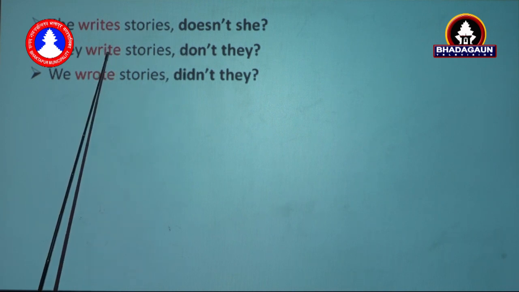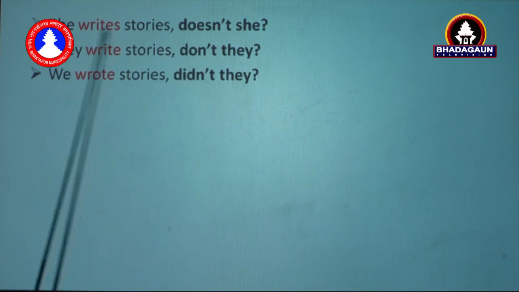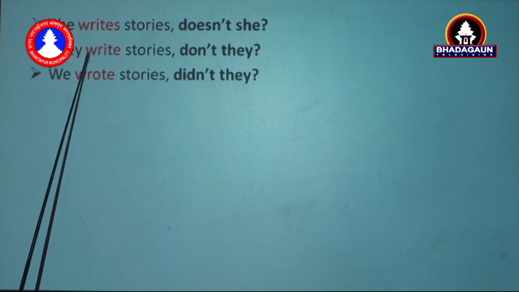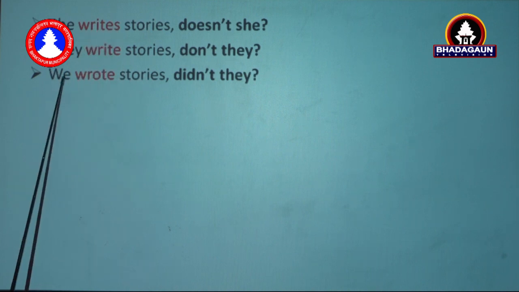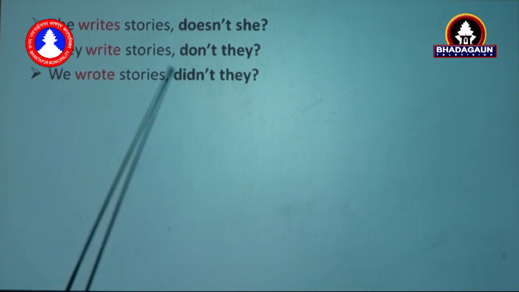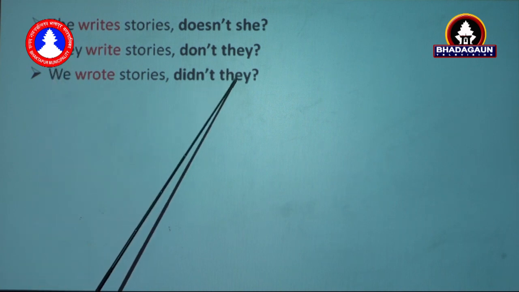Statement positive, tag negative, don't. Pronoun they. We wrote stories. Verb 5, verb 1, verb 2. Wrote is verb 2. So the auxiliary verb is did. Statement positive, didn't, pronoun they.